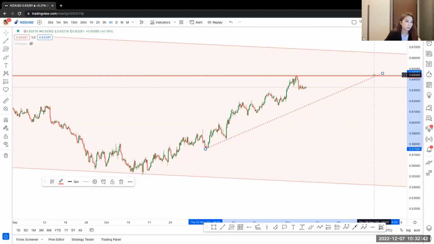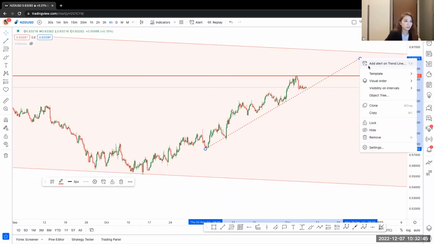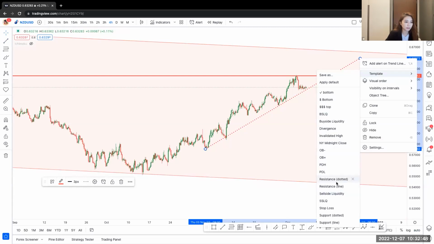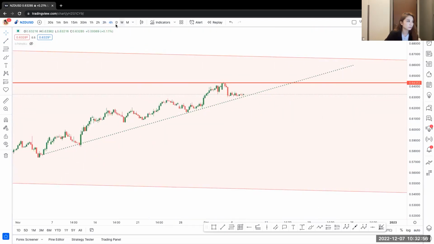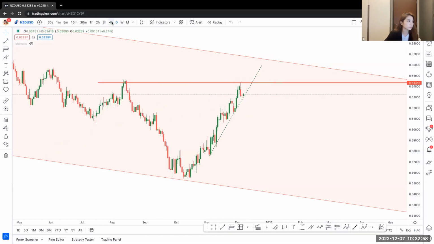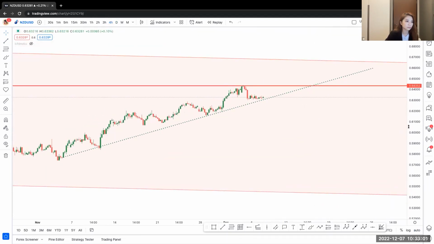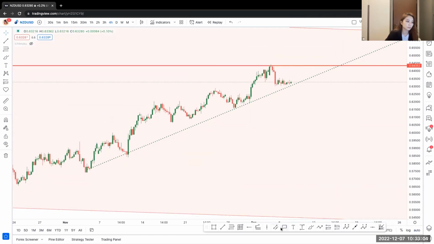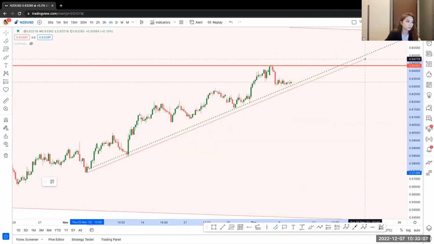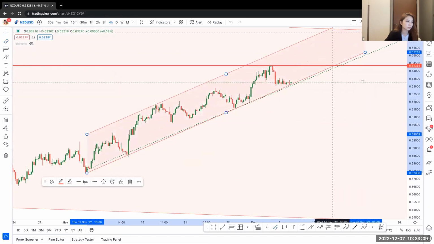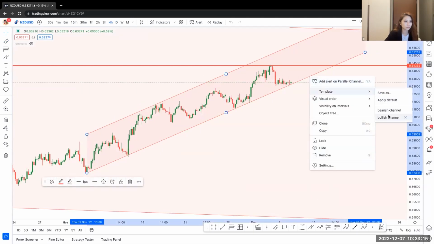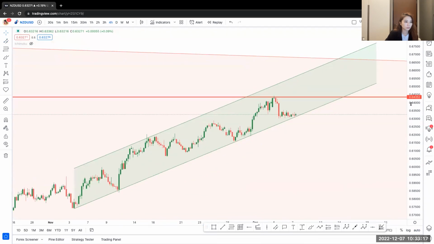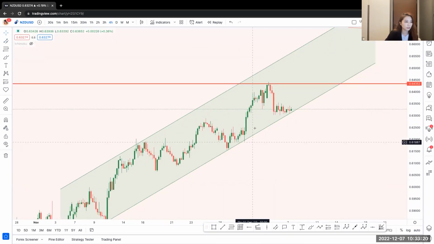Depending on how you want to draw, I would like to draw closer to current prices. This is what we are looking at, the upward trend on H4. We are also seeing an indication of support here.